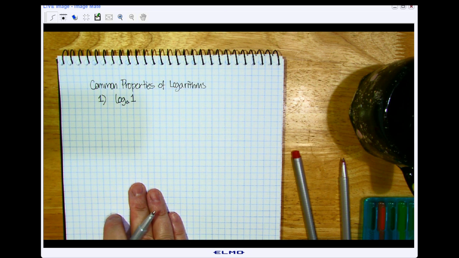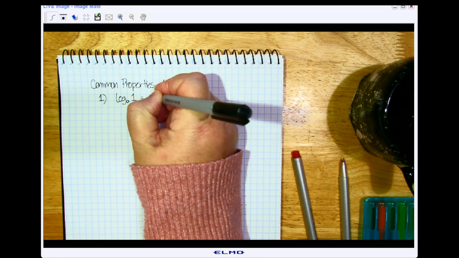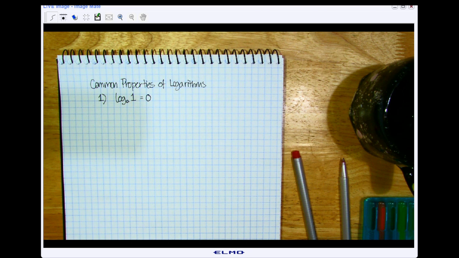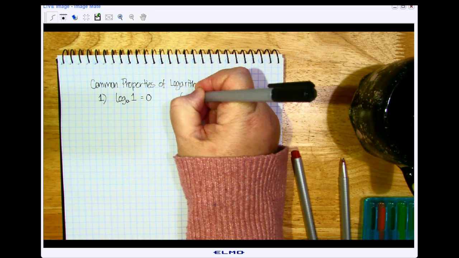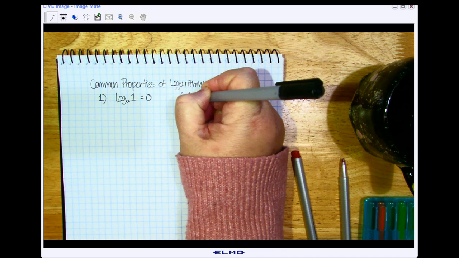The log base A of 1 is always going to be 0. So it doesn't matter what the base is, as long as you have the log base A of 1, it will always equal 0. This is because A to any 0 power is always 1.